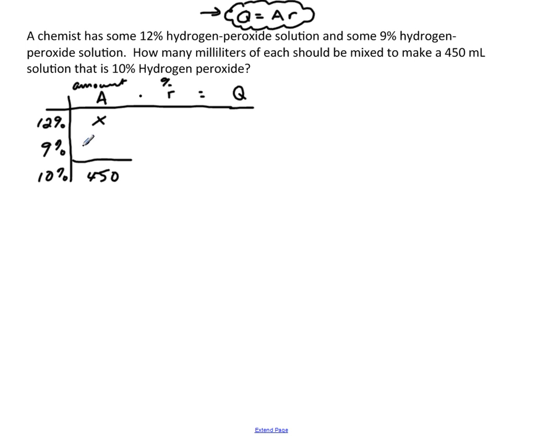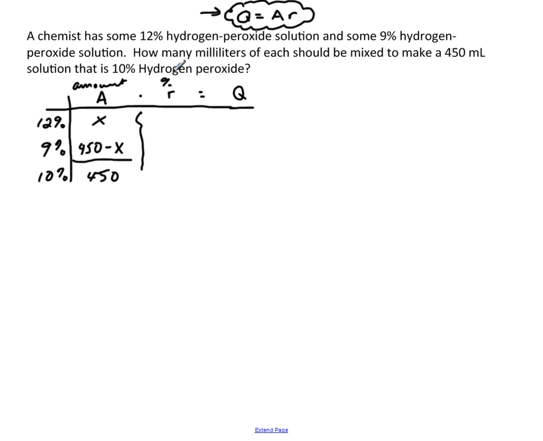What does that mean for our 9%? Well, whatever X is, it'll be that much less, 450 minus X milliliters of the 9% solution. Remember, X and 450 minus X must add up to 450 to give us that total amount.